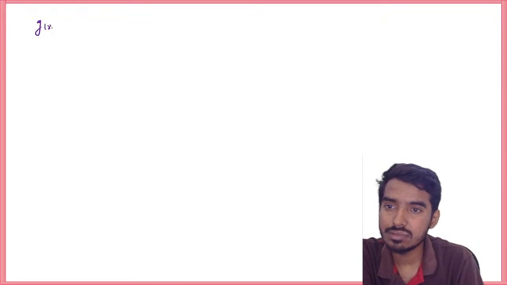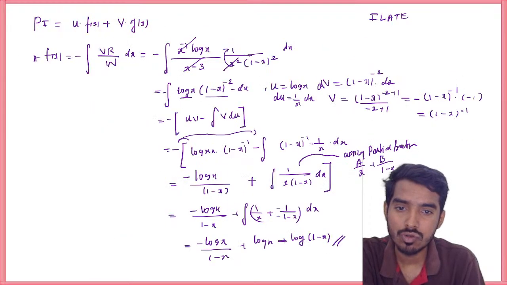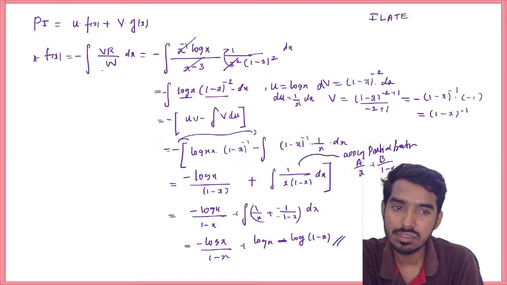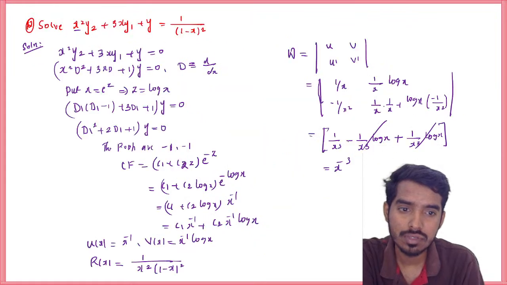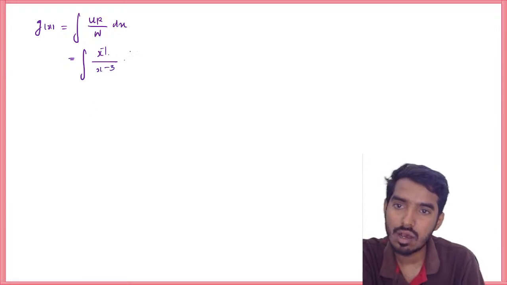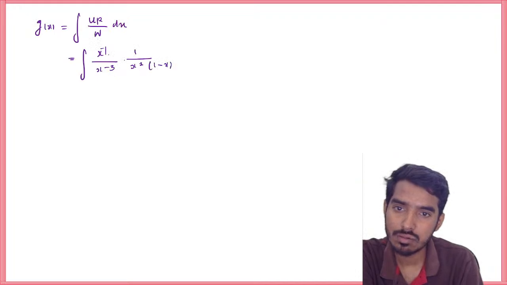Now we will find g of x. Integration of r by w dx, integration of u into r. U is 1 by x power minus 1. W is x power minus 3. R is 1 by x square.